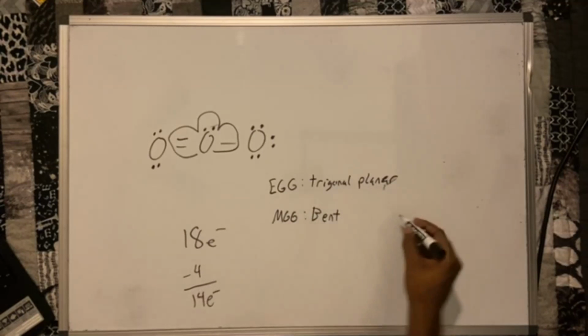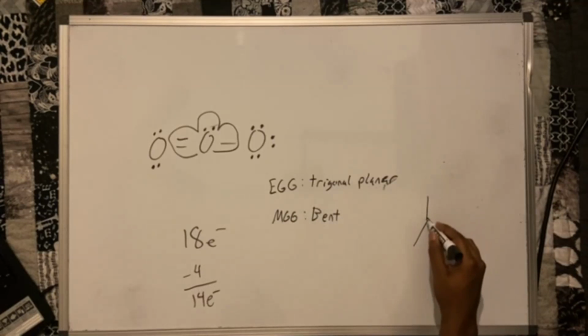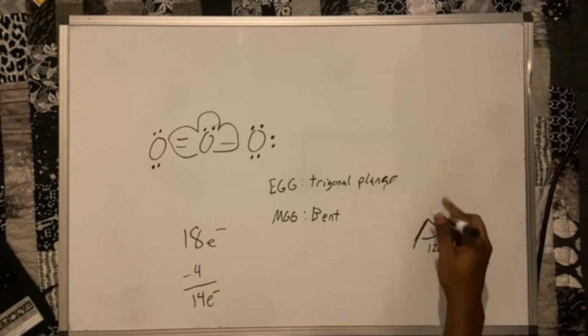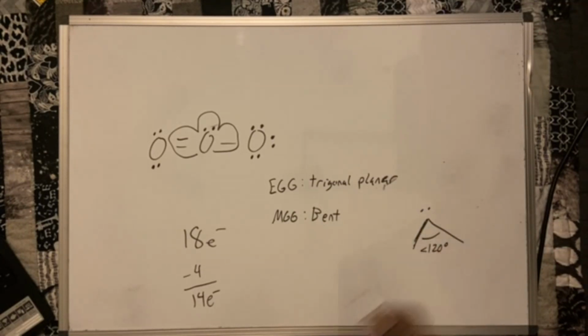Normally in regular trigonal planar, the angle between all these is 120 degrees. But in this case, since we got a lone pair up here, this pushes these bonds downwards, so this is going to be less than 120.